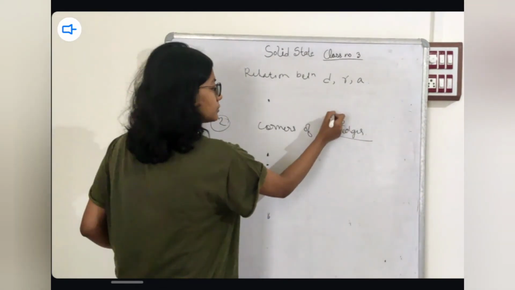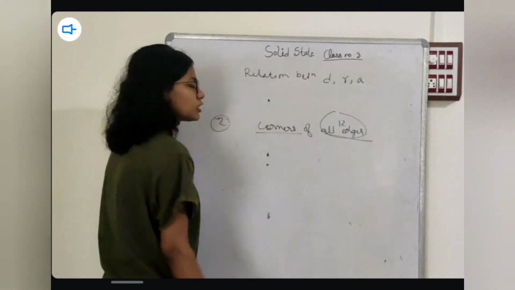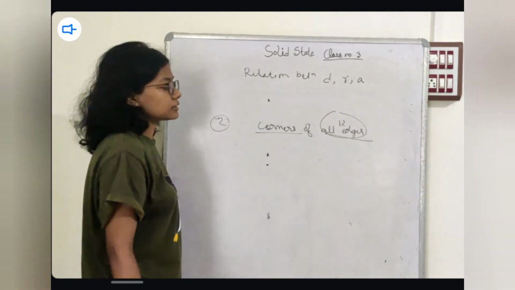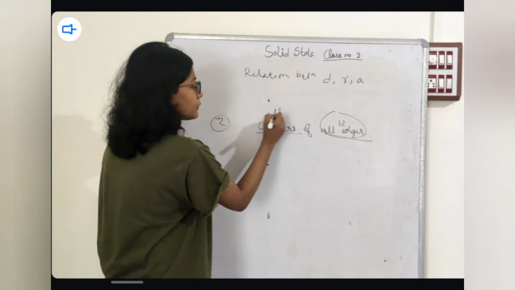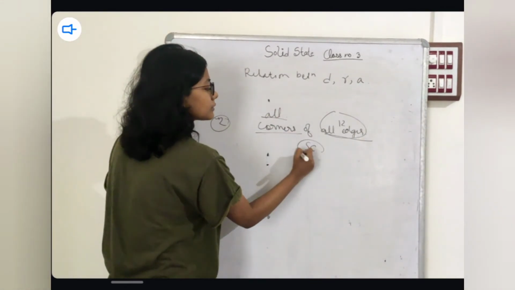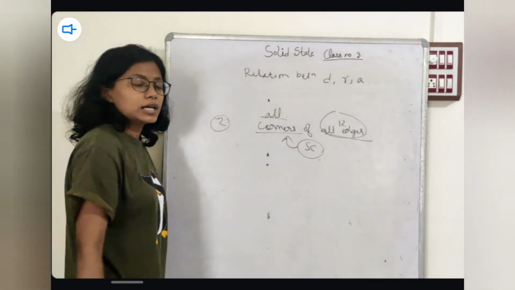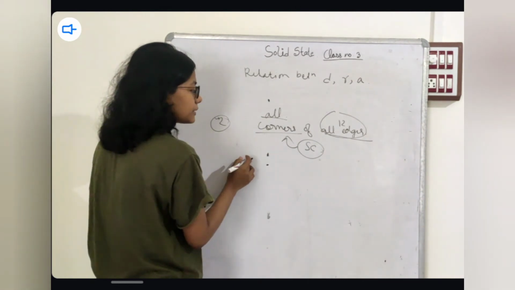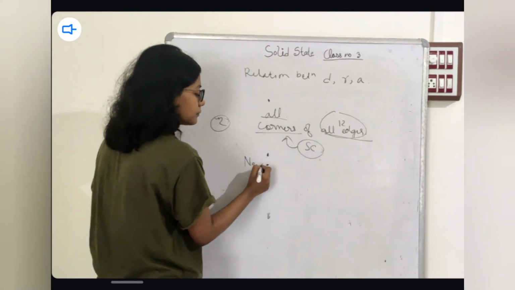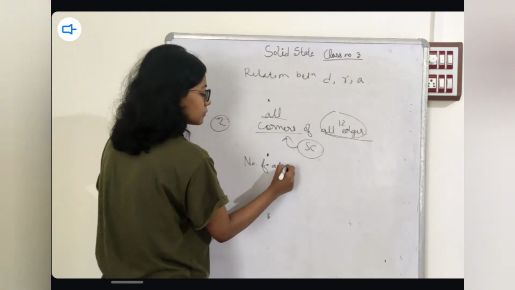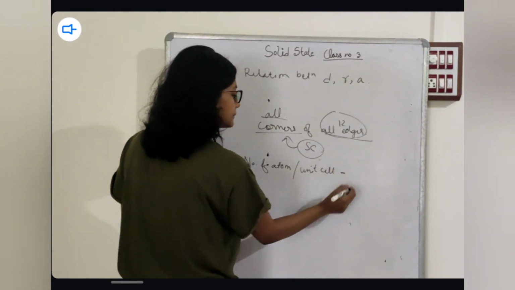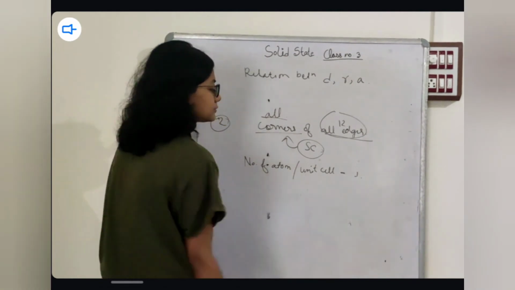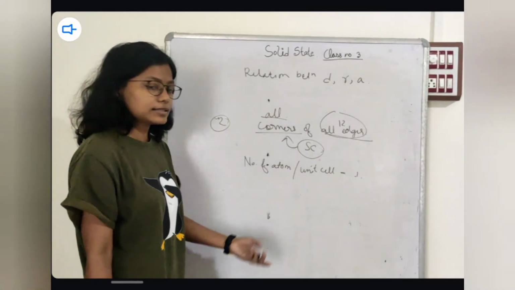You don't need to see this. You see that atoms are present at corner positions. So atoms are present at all corner positions, like simple cubic. It is simple cubic cell. So for simple cubic cell, number of atoms per unit cell is what? 1. So the answer is 1.